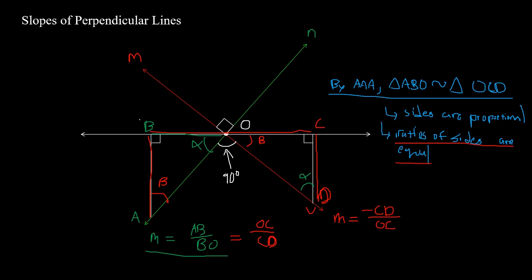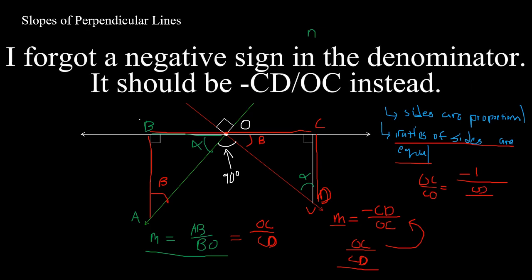Now look at the relationship between the slope of the red line and OC over CD. It just seems that the numbers are flipped, and negative. In other words, OC over CD is going to be equal to -1 over CD over OC.